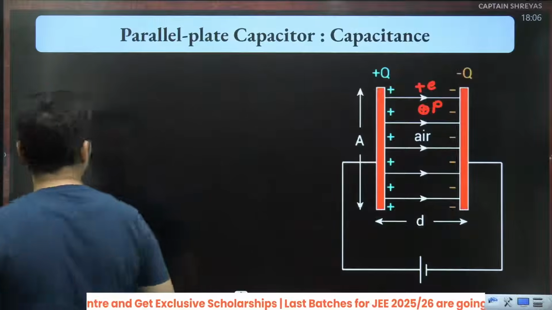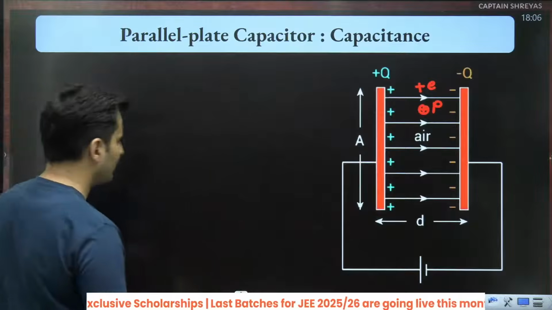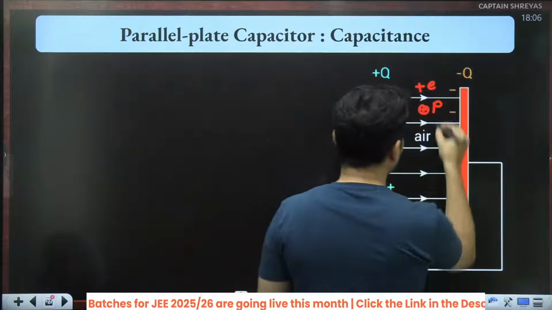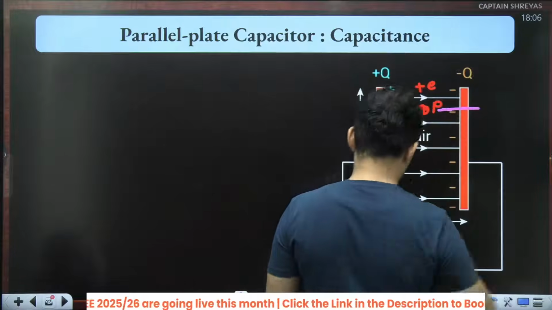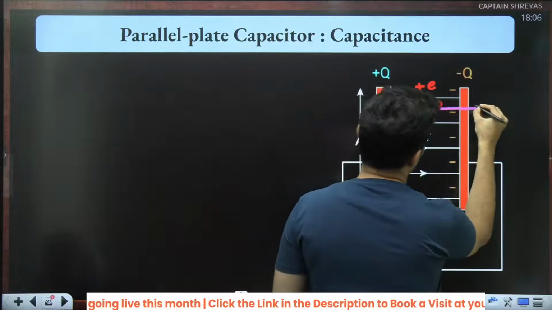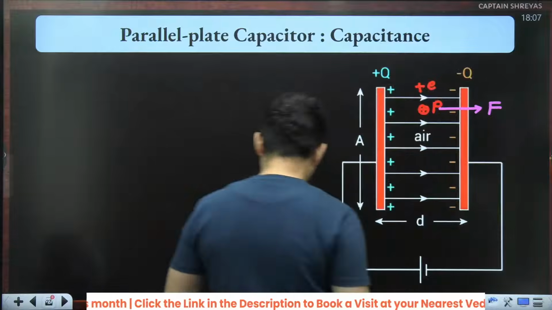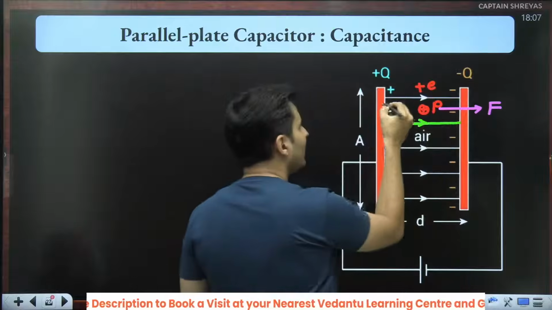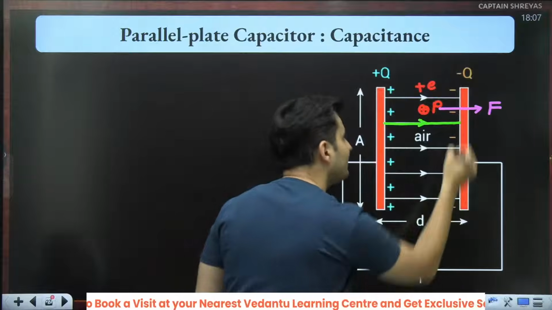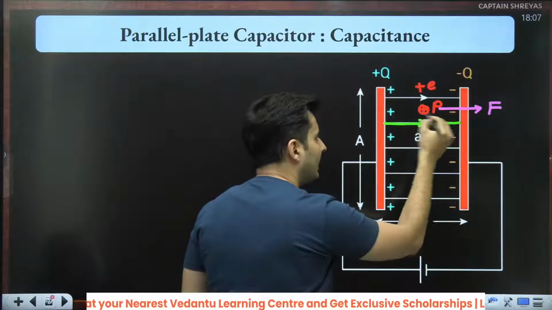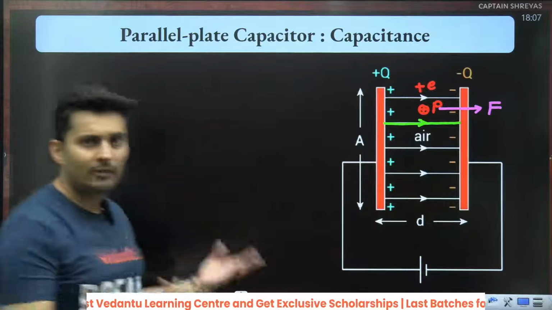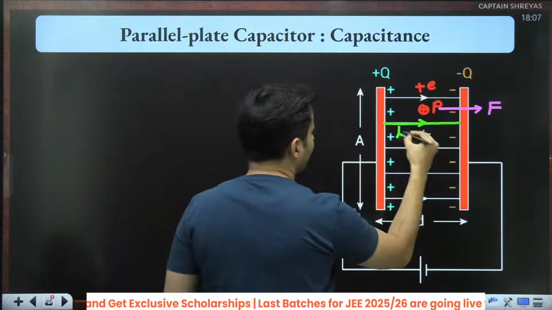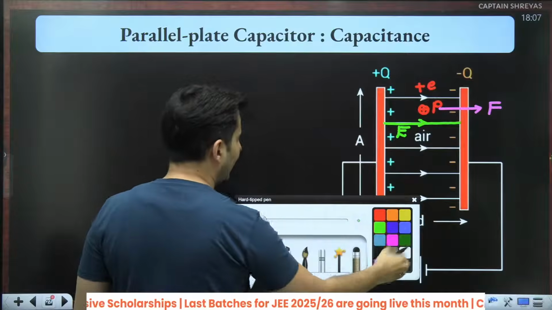So when I want to find the force on a third particle like this, and I write it down over here, say for example, the force on this particular particle is F, it will depend on the net electric field, because now even these positive charges and these negative charges will together attract or repel this proton, electron, alpha particle, beta particle, whatever it is. So this electric field which I will consider will be the net electric field.